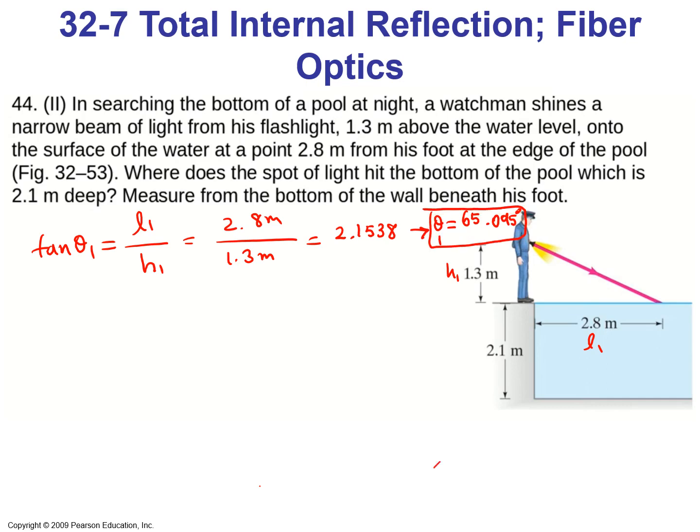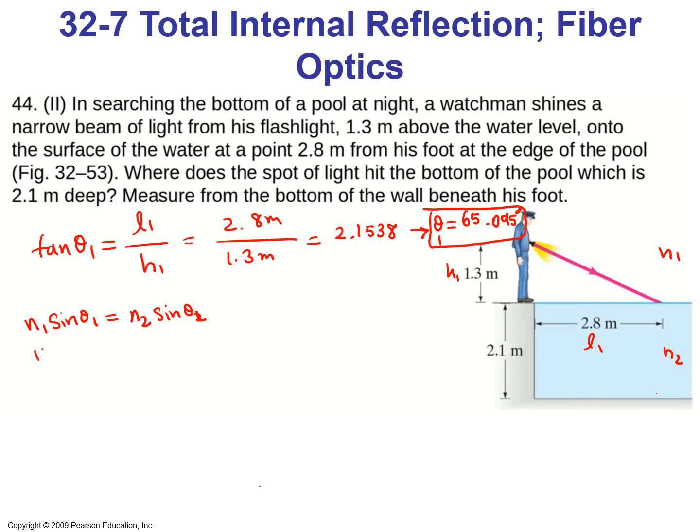For the refraction from air into water, we can use Snell's law. N1 sine theta 1 is equal to N2 sine theta 2. For N1 we have air, for N2 we have water, and we can solve it for theta 2. So let's plug in the numbers.